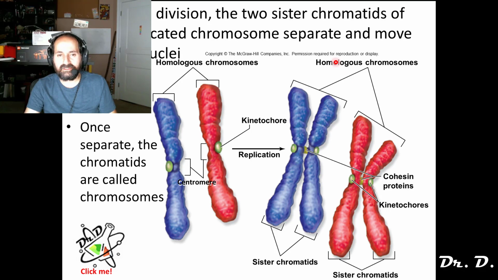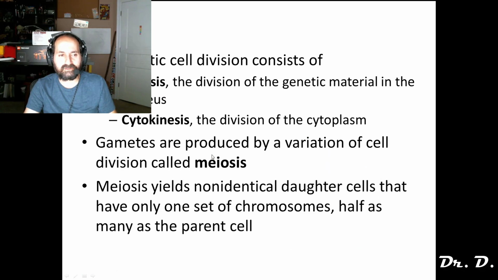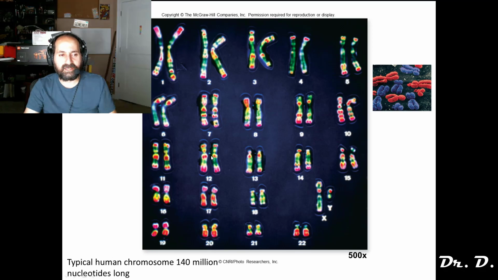This is the paternal sister chromatid pair. This is the homologous maternal sister chromatid pair. So hopefully that terminology helps you. Again, the better you understand all this terminology at the moment, the better you're going to understand all of these concepts. And that's a fact.